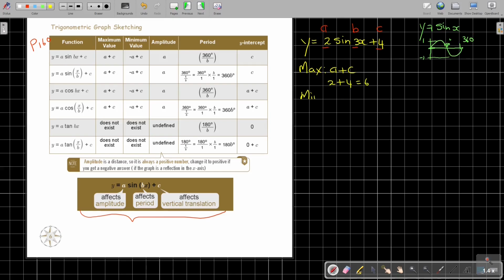The minimum value is negative A plus C, so -2 plus 4, and that is going to be 2.